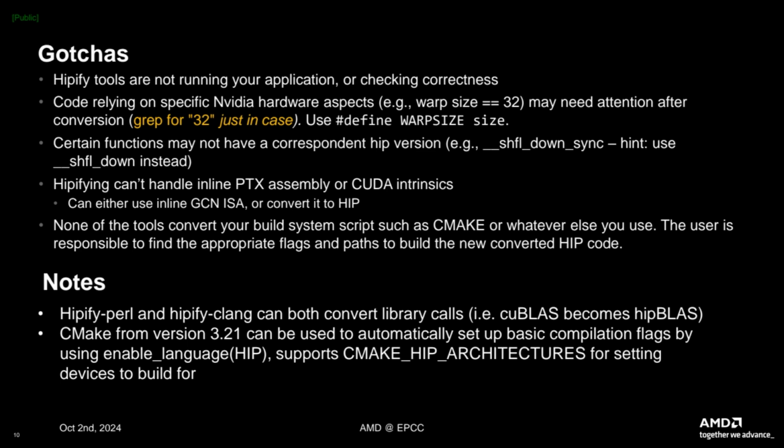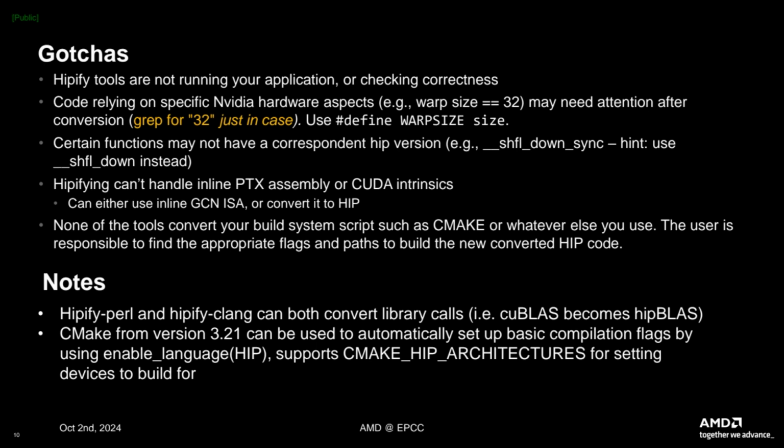So just quickly, the gotchas to be aware of are that hipification tools do not check the correctness of your code. So it's up to the developer to check that the hipification process did not introduce any errors.